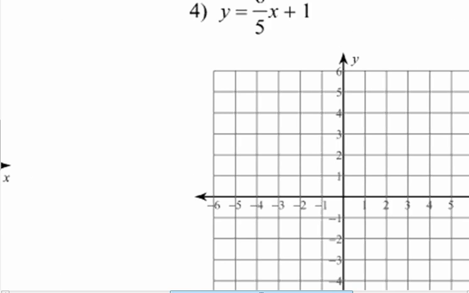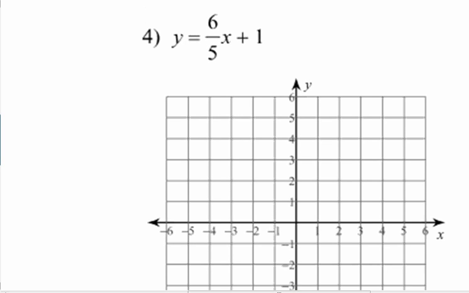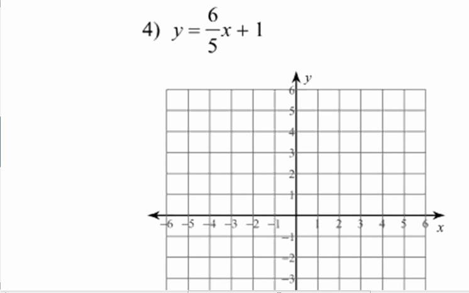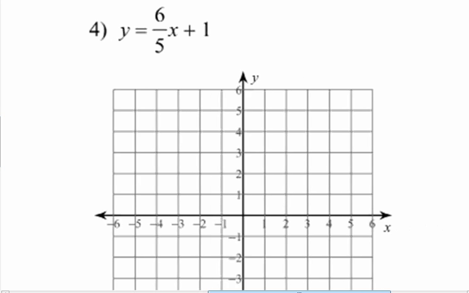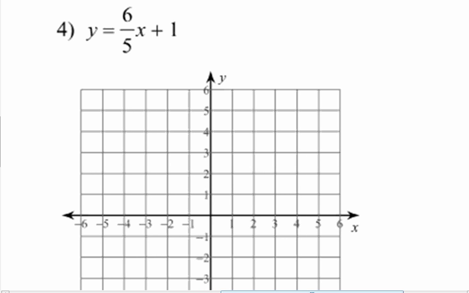And one more thing, I think it's this one that I want to do, is that y equals 6 over 5 x plus 1. First of all, the easy part is that it crosses the y-axis at 1. And now we have our slope of rise 6, run 5. Well, if we go up 6, we're here, and when we run 5, we're out here, but that's off the graph, and that's kind of hard to deal with.